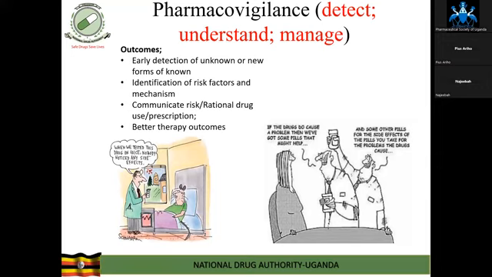Some of these reactions may not be captured during the clinical trials or the preclinical studies and animal models, but they'll come out in a larger population. The reasons are many, because, for example, in a clinical trial, you have specific participants who are fewer. They may be from a localized area. They may be of a specific race. So the data that comes out of clinical trials is very important, but it may not be representative of the data for the whole world. That is why you will need to follow up these drugs even after they have gone onto the market.